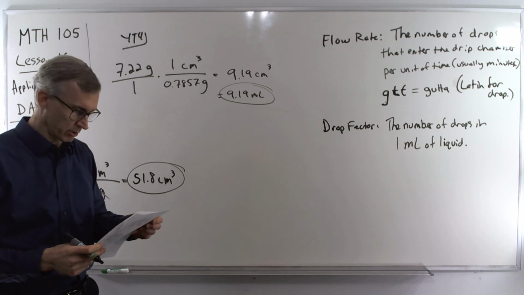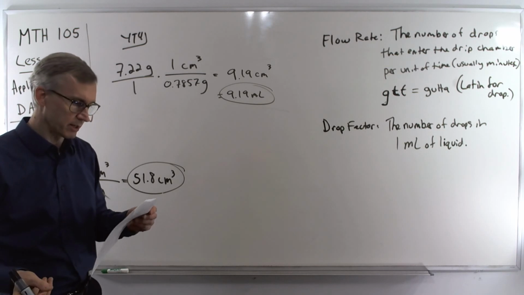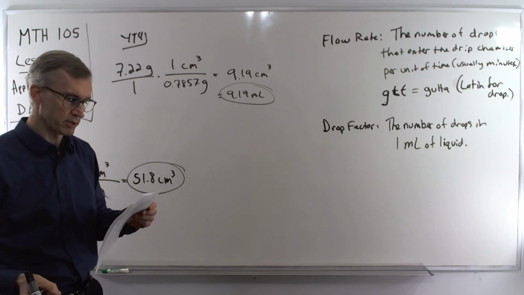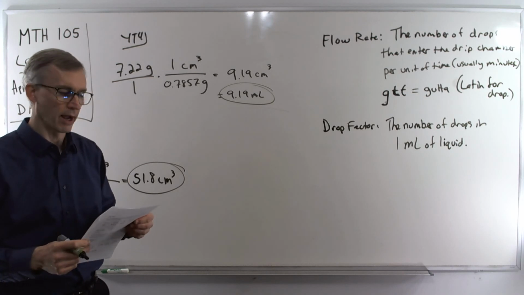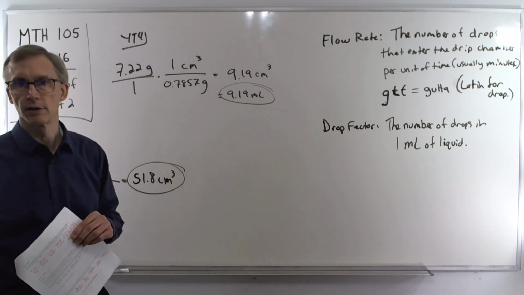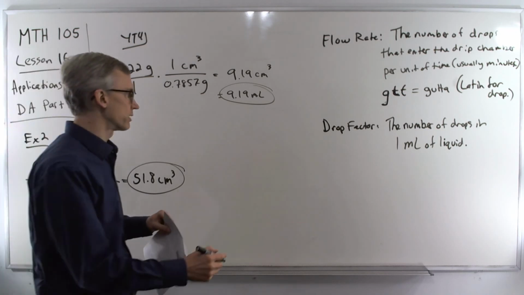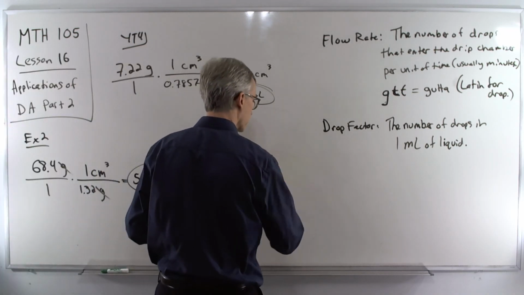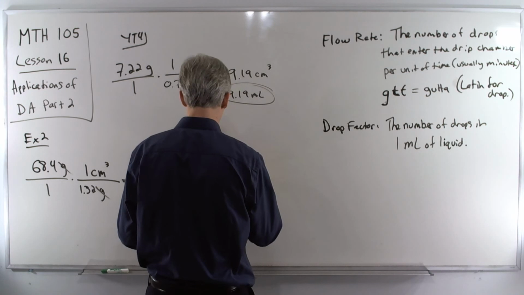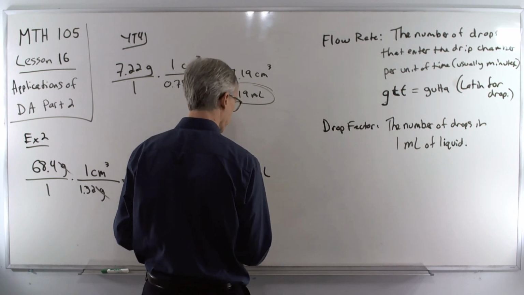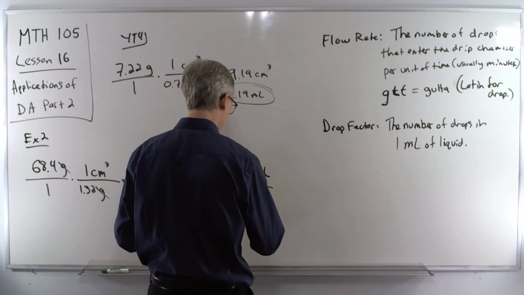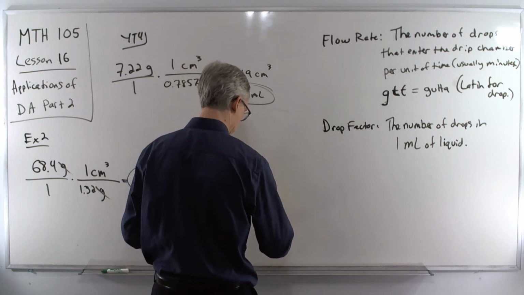Now we're going to answer this question. A nurse needs to administer a heparin drip to a thrombosis patient at 75 milliliters per hour. All right, so there's the rate that this person needs the medication. So 75, and it's a rate, so we put milliliters on top, and it's per hour, so 1 hour on the bottom.